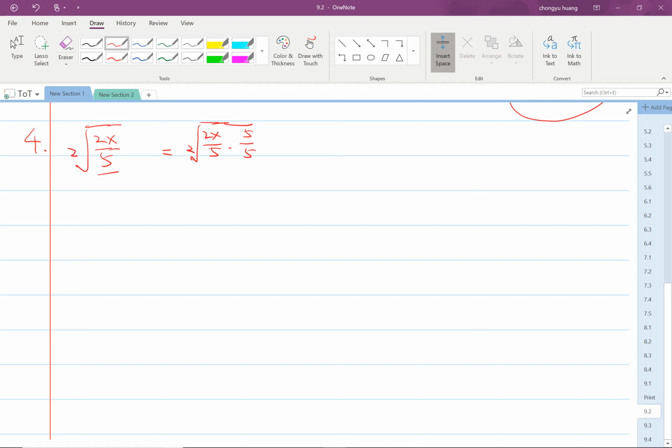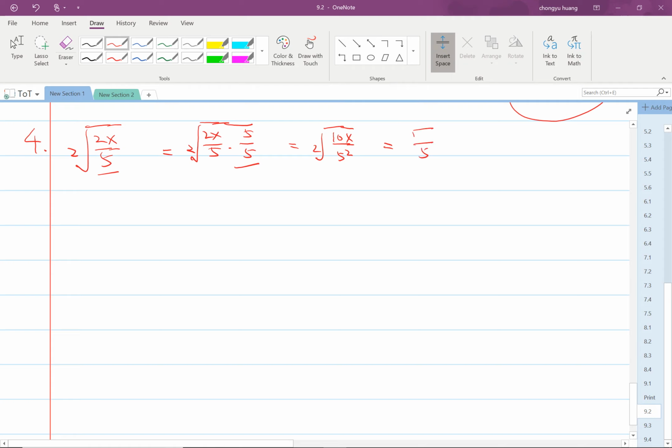After that we have a 5 squared as the denominator, and on the top part we have 10x. So after we multiply, what we have now is 10x over 5 squared.